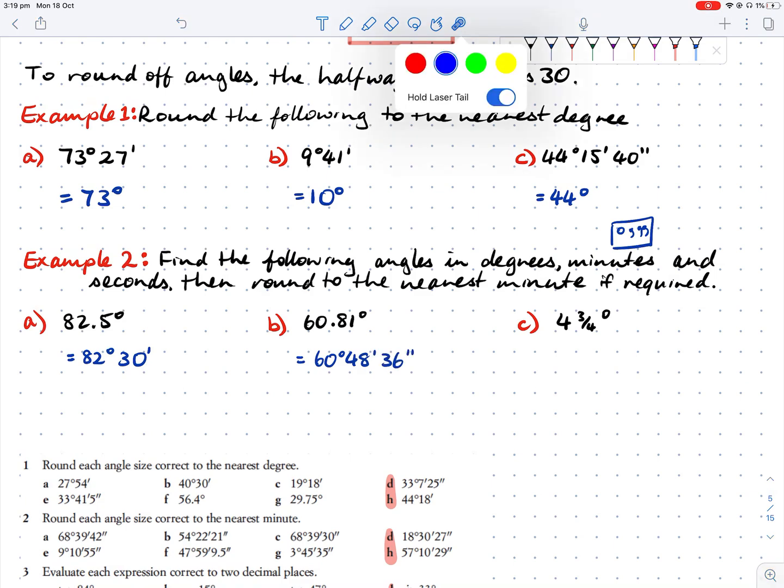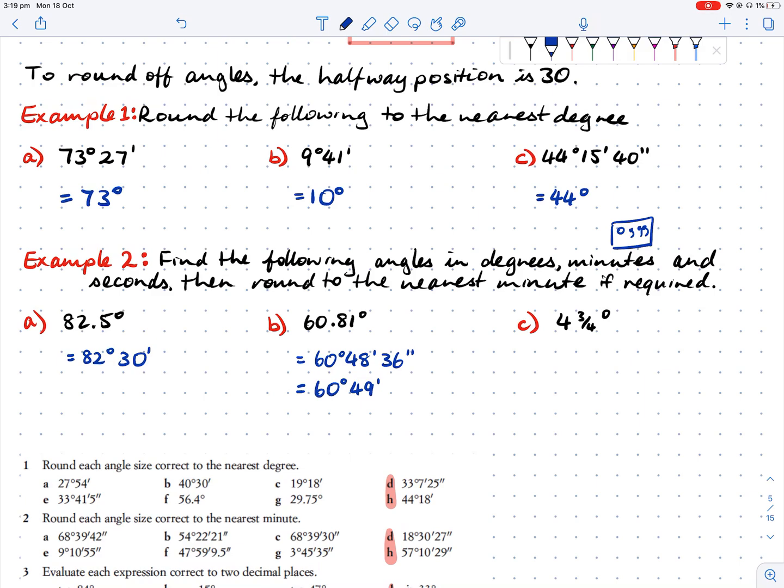Now the question did ask for the nearest minute, so I want to keep the degrees, keep the minutes, and I need to check the seconds. Now it's 36 seconds, so it's going to round up. So that's going to be 60 degrees and 49 minutes.